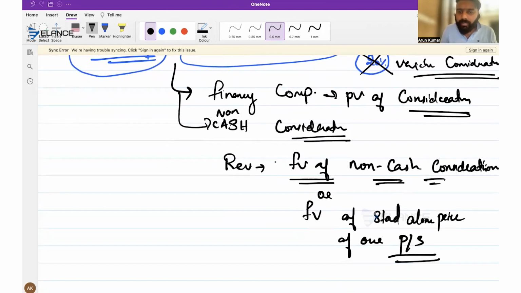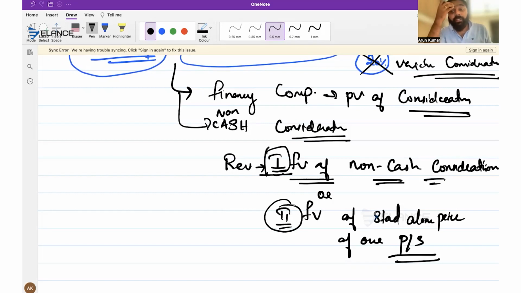So first we will check, are you able to determine the fair value of the non-cash consideration received? If not, then we will consider the fair value of the standalone price of a performance obligation. That is either the product or service. Is that clear?